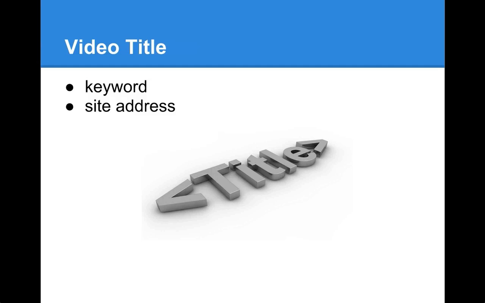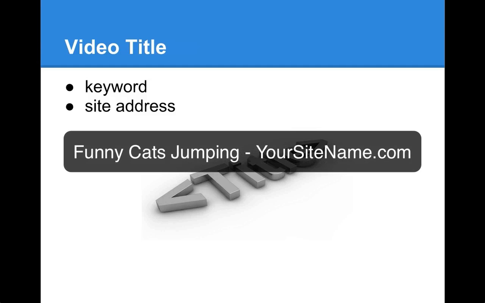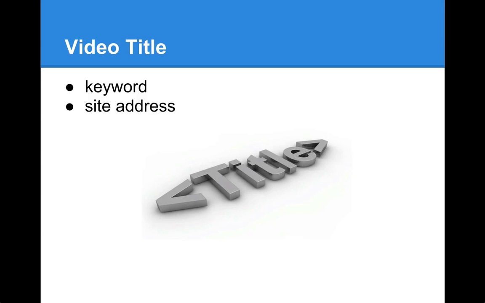Getting back to our funny cats example, a YouTube title of such a video could look something along the lines of funny cats jumping - yoursitename.com. As you can see, it contains both your keyword and site address for boosting exposure.